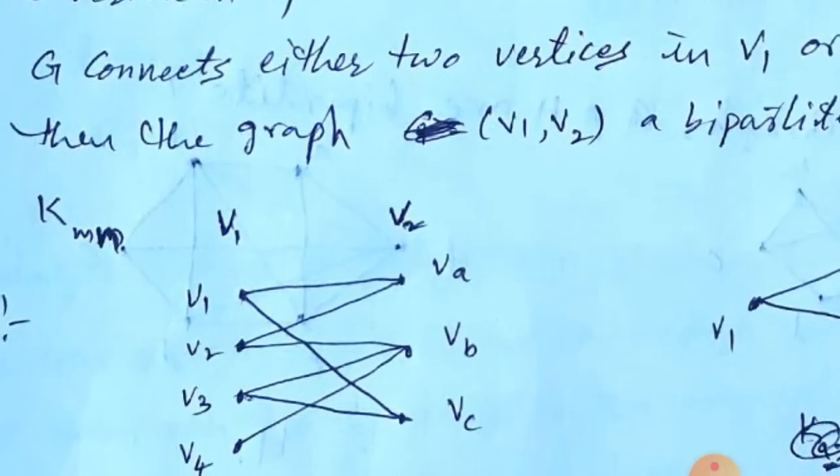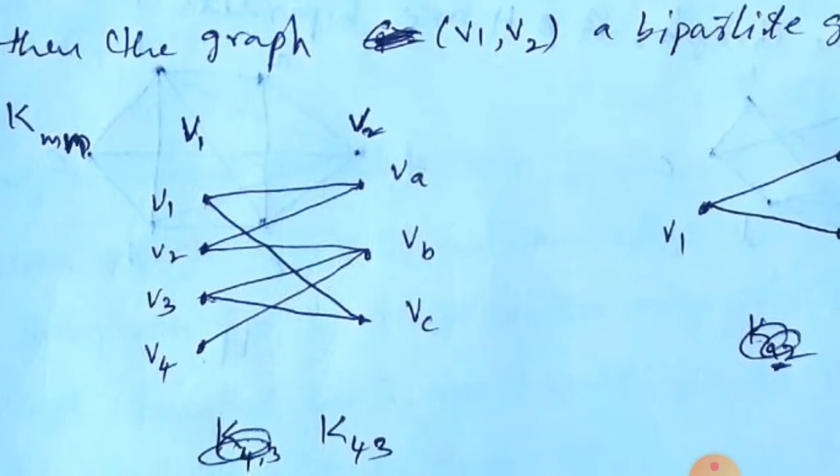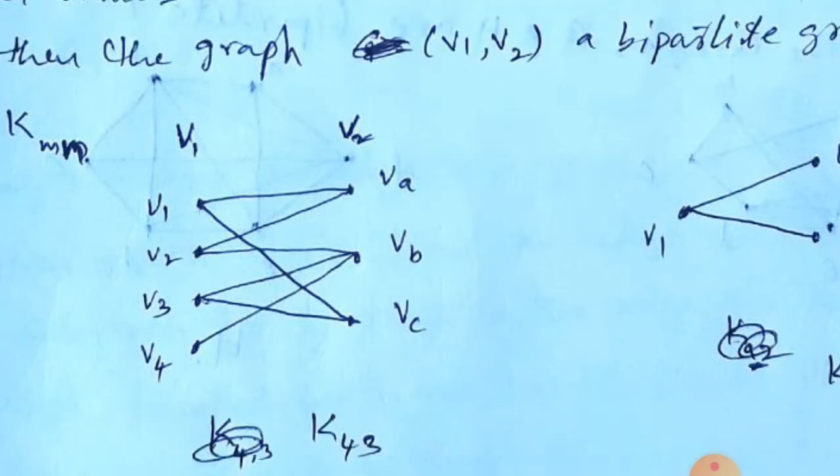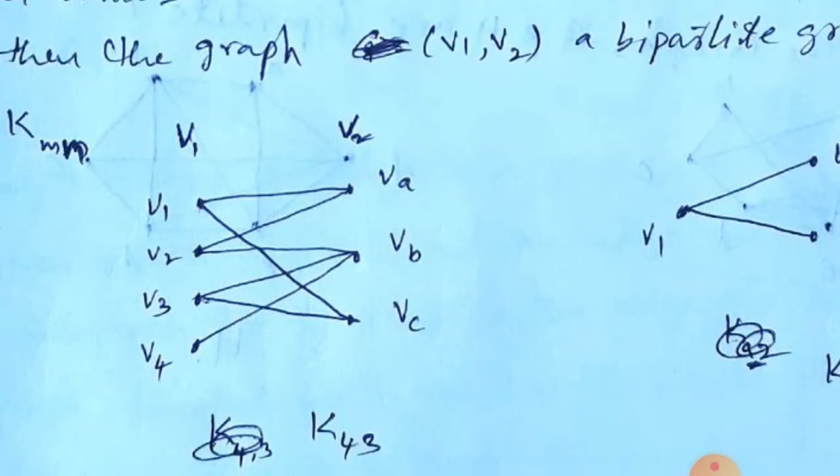So here there is an edge between a vertex in set V1 and a vertex in set V2. That means observe here V1 and V2. We are divided into two sets of vertices: v1, v2, v3, v4 are in set V1, and VA, VB, VC are in V2.